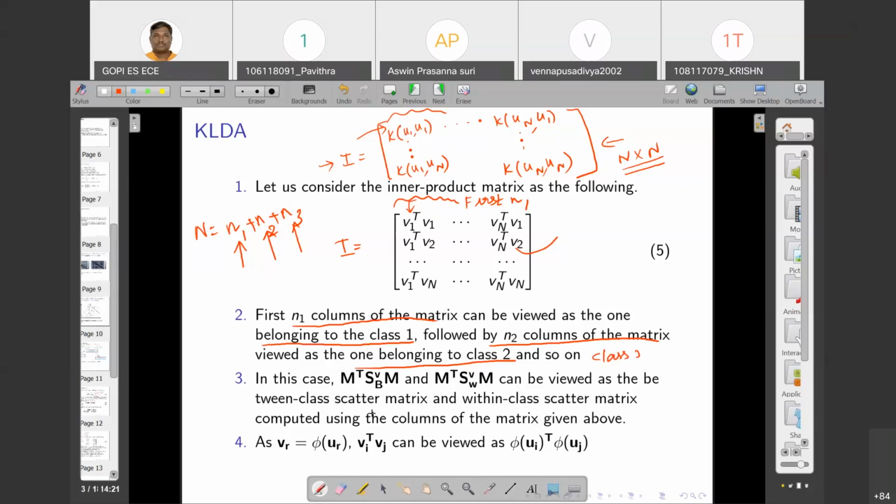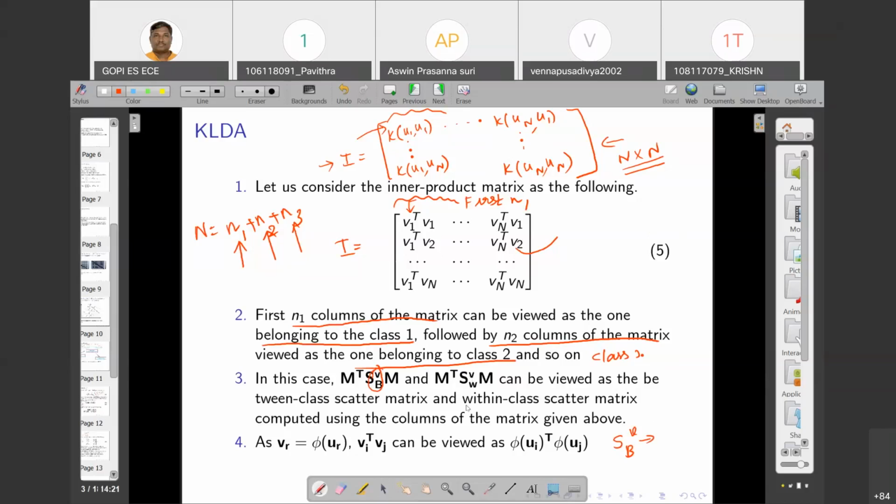So if I do that, this SBV is the between class scatter matrix with the raw vectors, of course after mapping to the higher dimension, like v1, v2, v3, and so on. So SBV is the between class scatter matrix using the vectors in the higher dimension space.